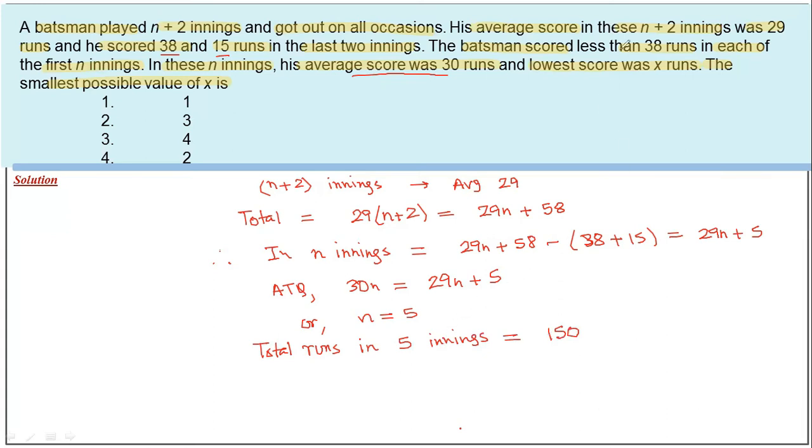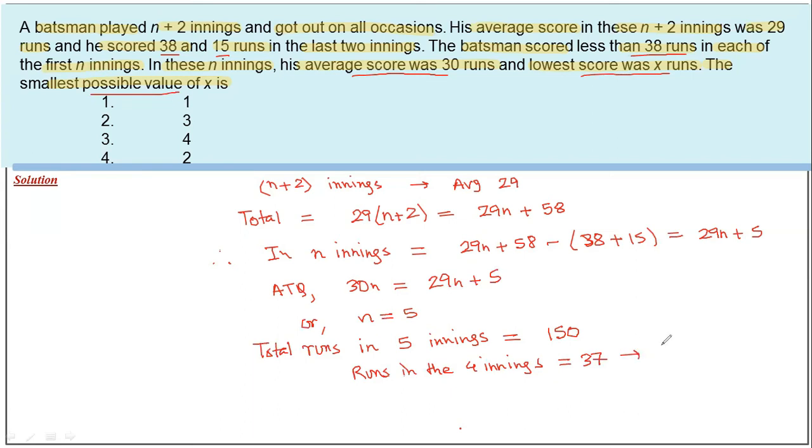Also it is given that the batsman scored less than 38 runs, and in one of the innings the lowest score was x runs. We have to minimize x. So that means the runs in the 4 innings have to be as high as possible, and since they are less than 38, it will be equal to 37.